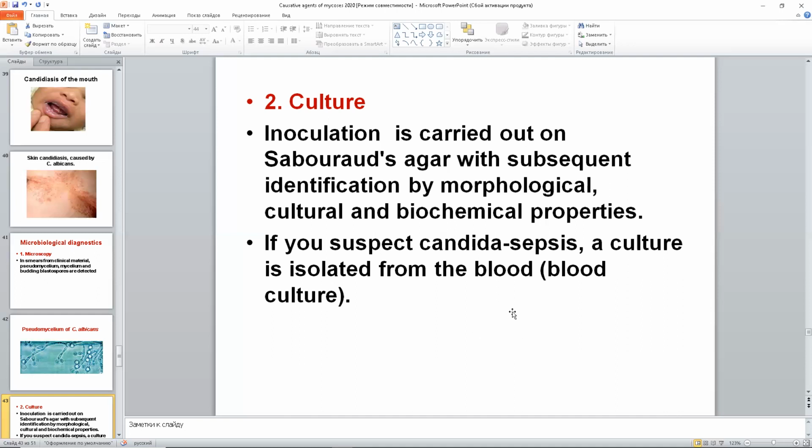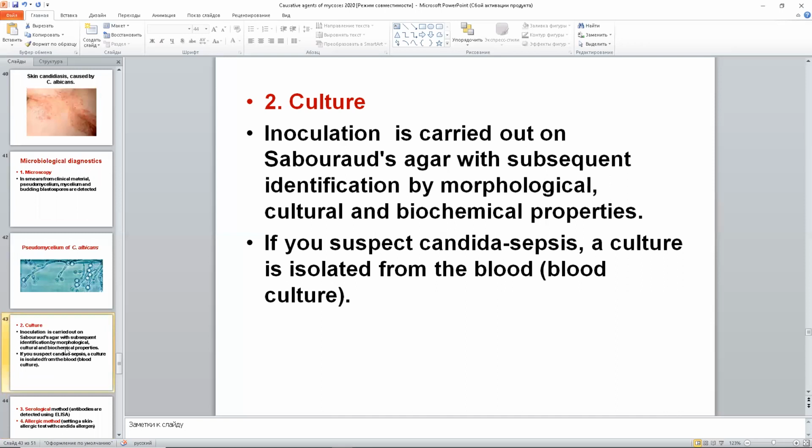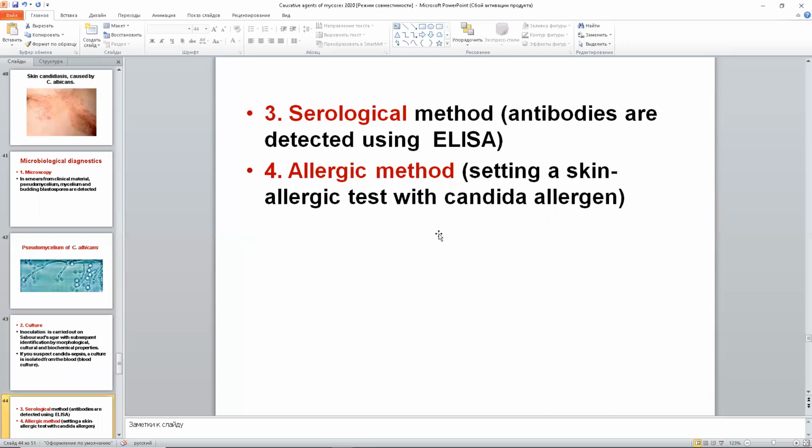It should be cultivated in liquid Sabouraud medium, again a special medium for fungi cultivation, and then after we notice the signs of growth, microbes are re-inoculated on Sabouraud agar, and we look for colonies, and again identification should be done. It is necessary to isolate pure culture, and I will explain to you why. Serological method: the aim is to detect antibodies by using ELISA in the serum of the blood of the patient.